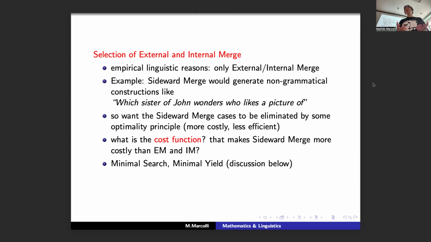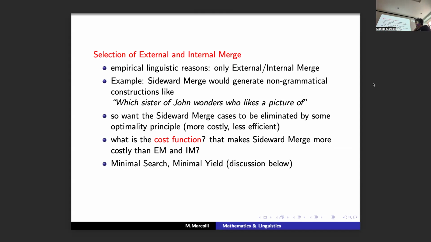You can always cook up some cost function that does exactly what you want, but that's sort of cheating. So you would like to have a reasonably defined cost function that will, as a result, do this. And there are also other constraints, which usually go under the name of minimal search.